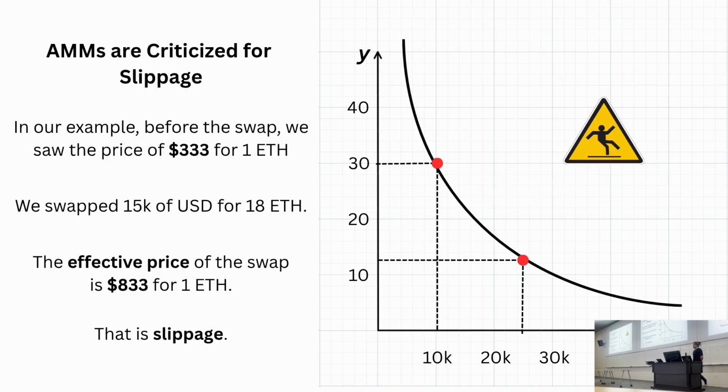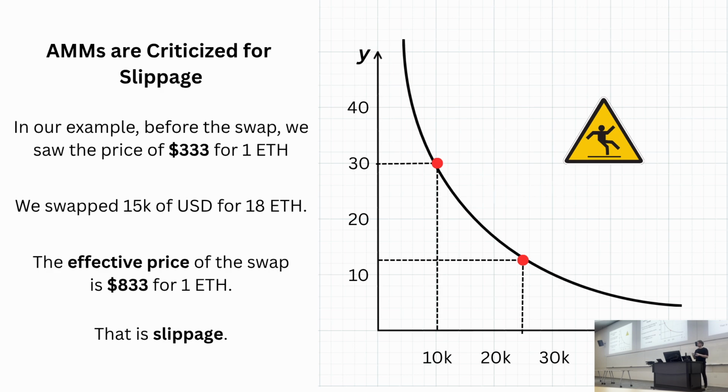The problem that is inherent to AMMs is what's called slippage. In the example before, we started with the immediate price of 1 ETH being worth $333. We swapped 15,000 USD for 18 ETH.